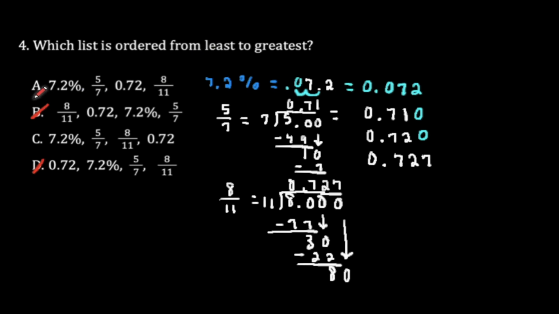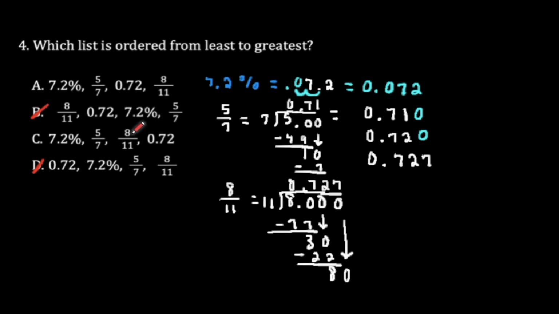So that means the correct answer choice is answer choice A, because 8/11ths is equal to 0.727. And there's no way that 0.727 is less than 0.72, okay?